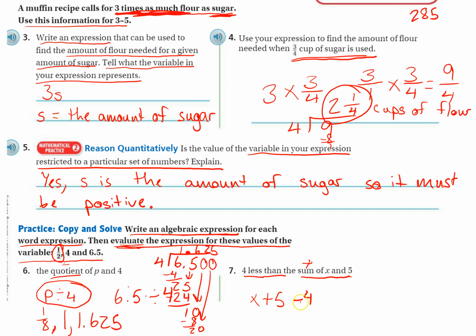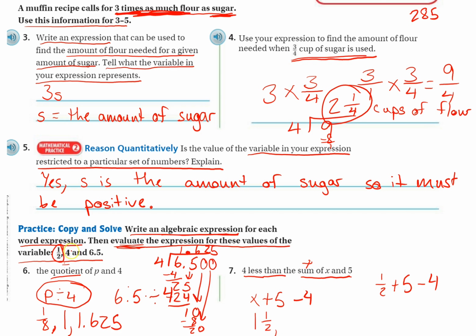So this is 4 less than the sum of x and 5. Now we plug in these same numbers to solve or find our value. So if x was 1/2, that would be 1/2 plus 5 minus 4. 1/2 plus 5 is 5.5. Minus 4 would be 1.5. So there's one of our values.